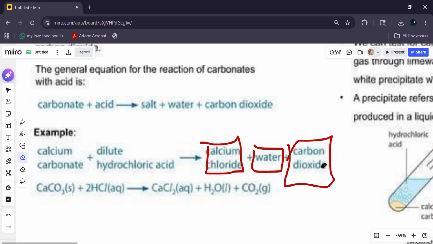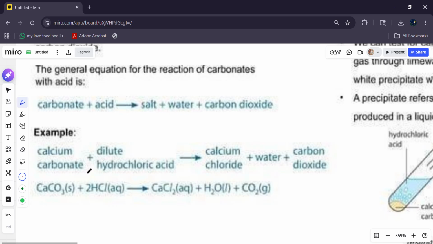Now, you can see in the reaction that when calcium carbonate reacts, the chloride in the hydrochloric acid moves to the calcium, and there is extra oxygen. The carbonate has O3. Now the carbon dioxide is CO2. That means we are left with one extra oxygen.